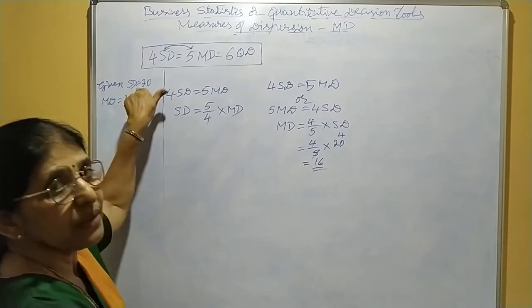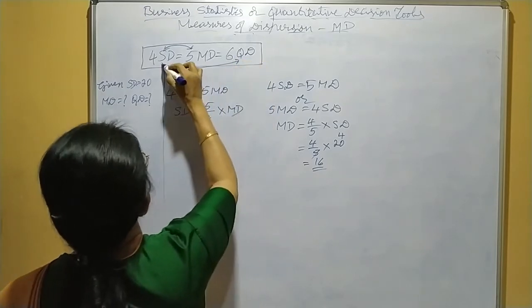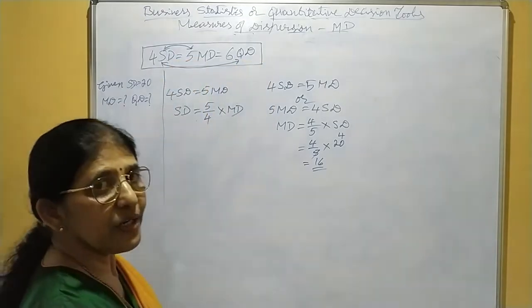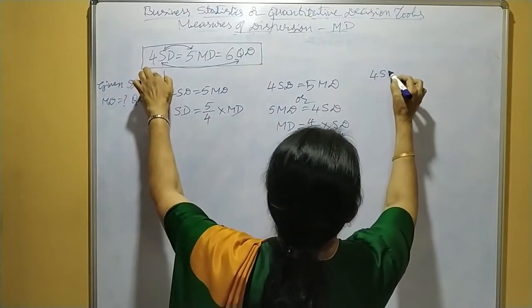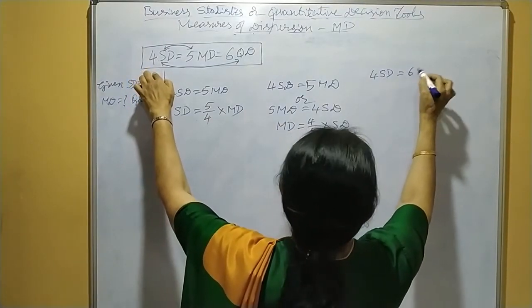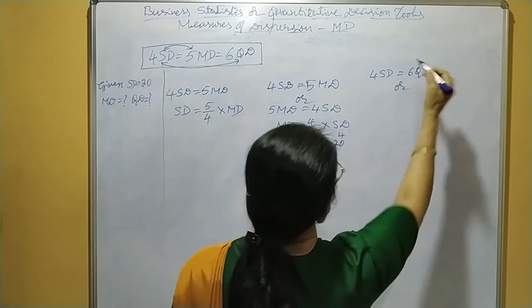Given information, standard deviation. That means we have to take the relation between standard deviation and quartile deviation. What is the relation? 4sd equals 6qd. Now we have to find out quartile deviation.